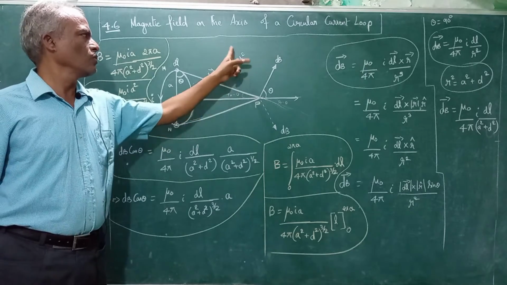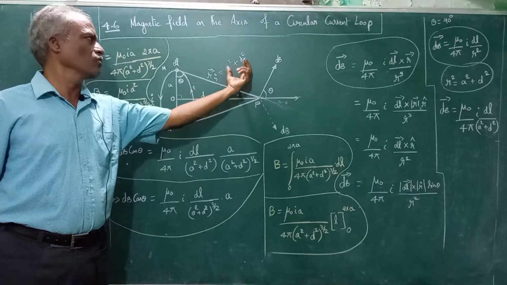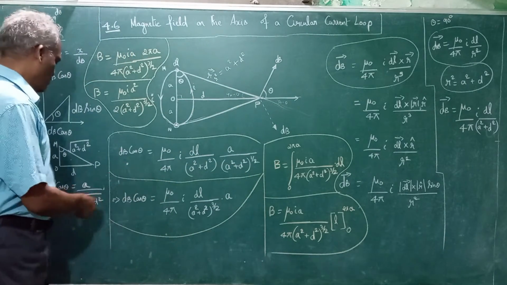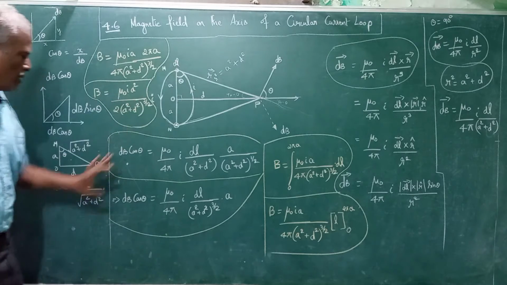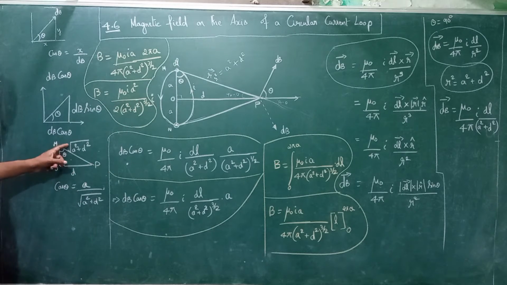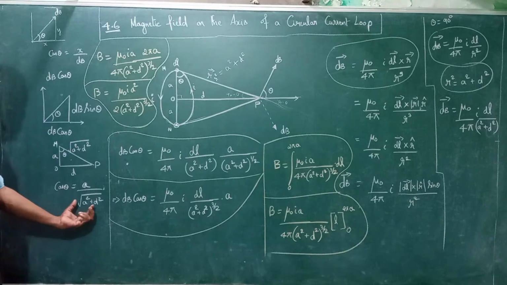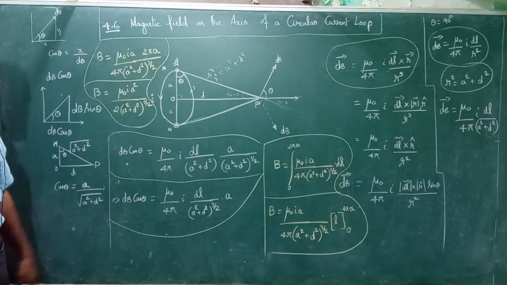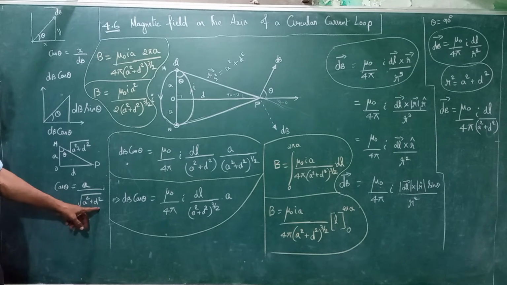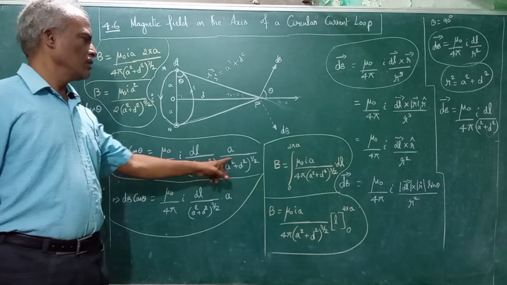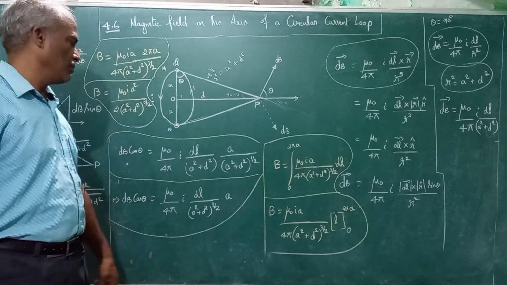Therefore r is equal to root of a square plus d square. So the same diagram I have drawn here, a, d, and this is the hypotenuse, root of a square plus d square. So cos theta is a by root of a square plus d square, which is nothing but a by a square plus d square power half. That's what is written here. Now this is power 1, this is half, 1 and a half is 3 by 2.